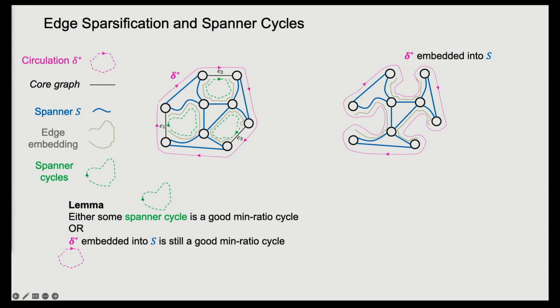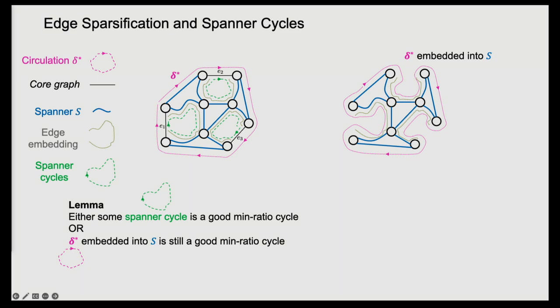But if that's true, then I have a gradient of -1 and 0 along just E1 plus its embedding path, and that's still a good gradient. Now I'm dividing it by the length of the edge plus the length of the spanner cycle, and it turns out that if you look at all of those being good or bad, then if they're all bad, you can argue that delta star is still good. So it's an easy algebra.